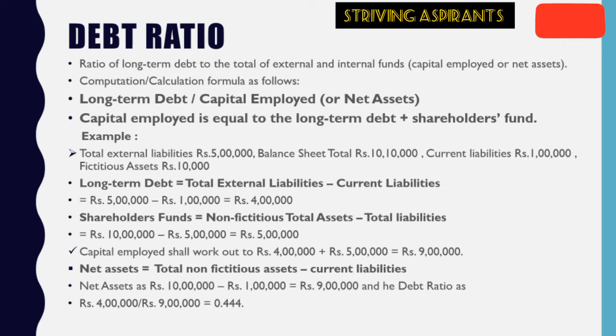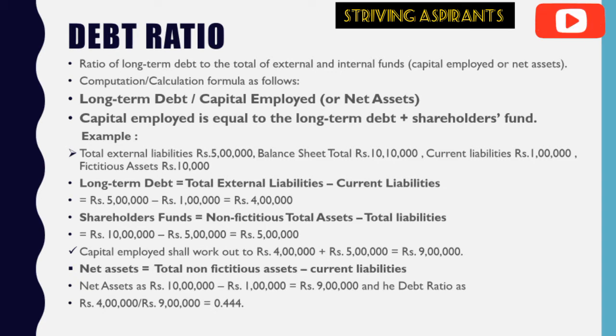Now capital employed will be the total of the amount shown above, that is 4 lakh plus 5 lakh. So the total will be 9 lakh, that is the capital employed amount.